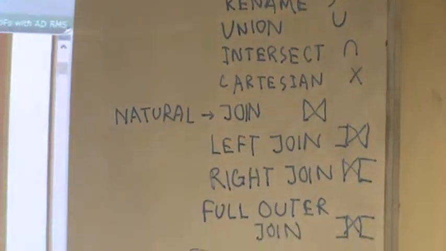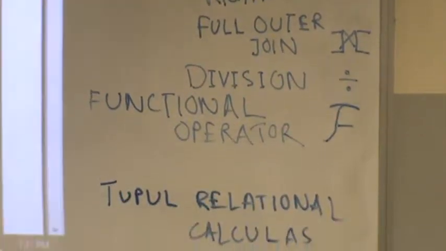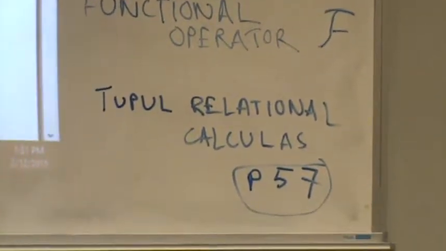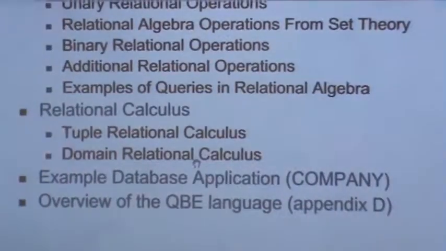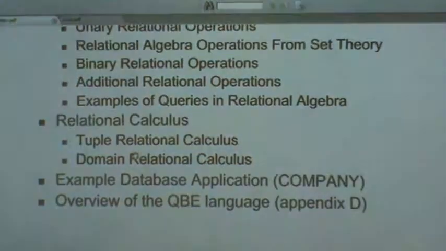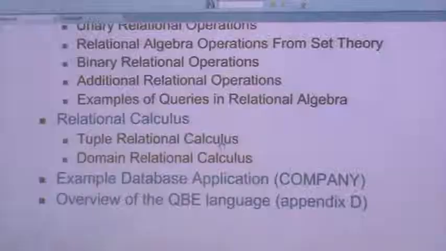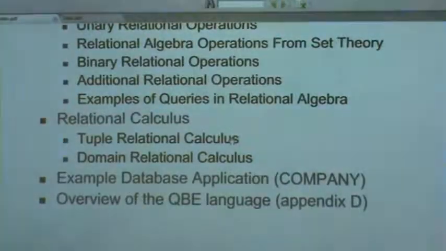Again, I'm mentioning we will try to complete up to tuple relational calculus, not domain relational calculus. Domain relational calculus will be taught by the professor, and for your phase 2, I guess tuple relational calculus is good enough. When we see a lot of examples, it will be much clearer to you.